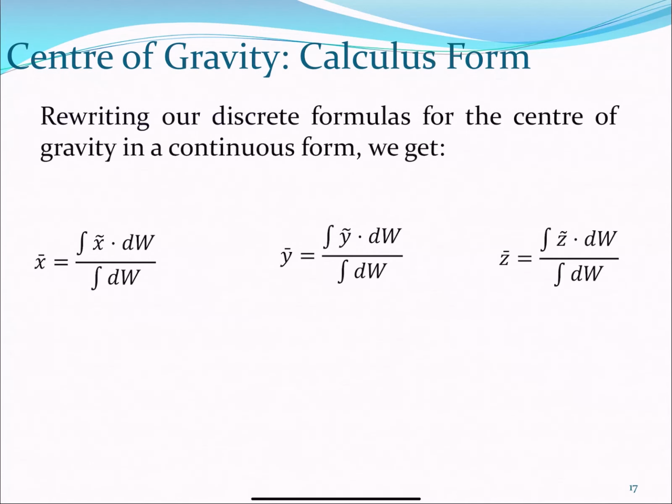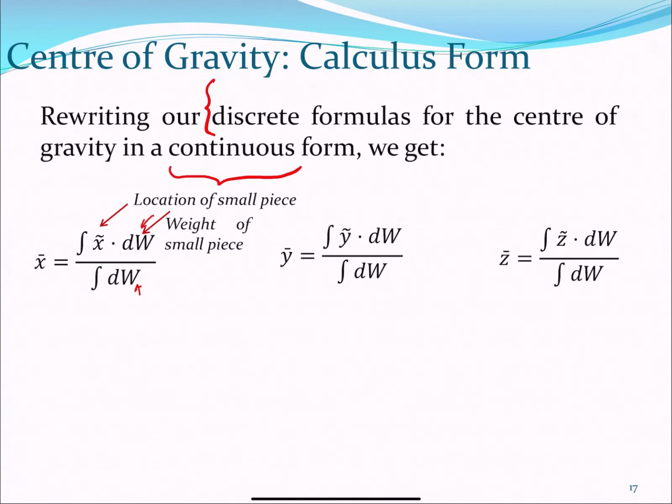So in calculus form, I have my previous expressions, and the only difference we may see is that now we have differentials of weight in my equation. So from discrete formulas with sums, now I have continuous forms, which are integrals. And I have the location of a small piece and the weight of the small piece.